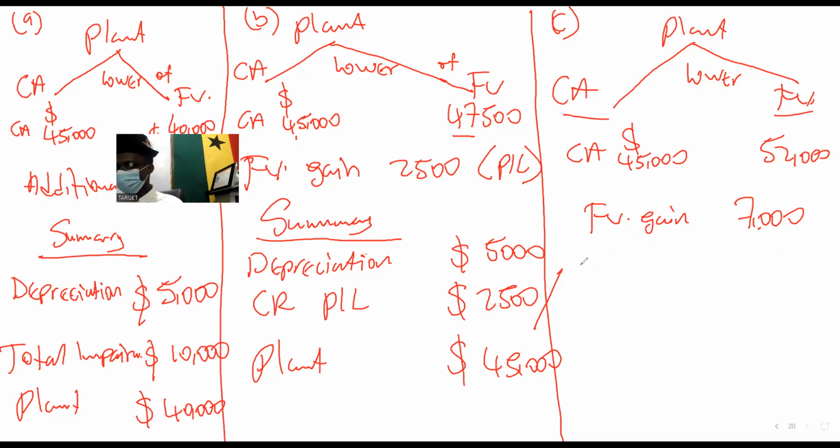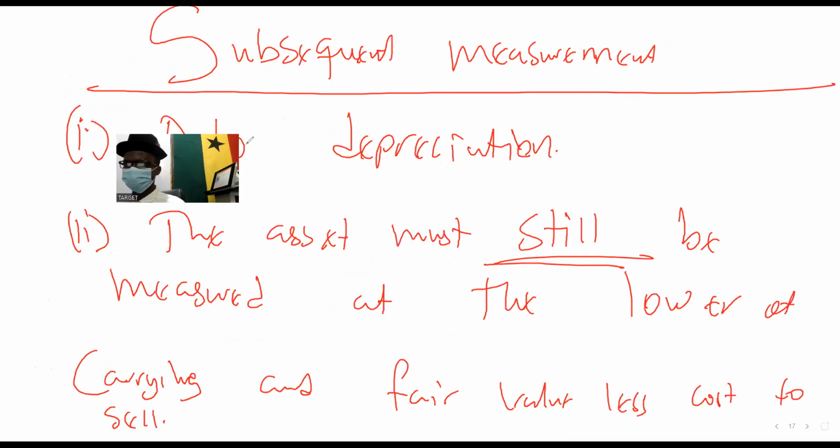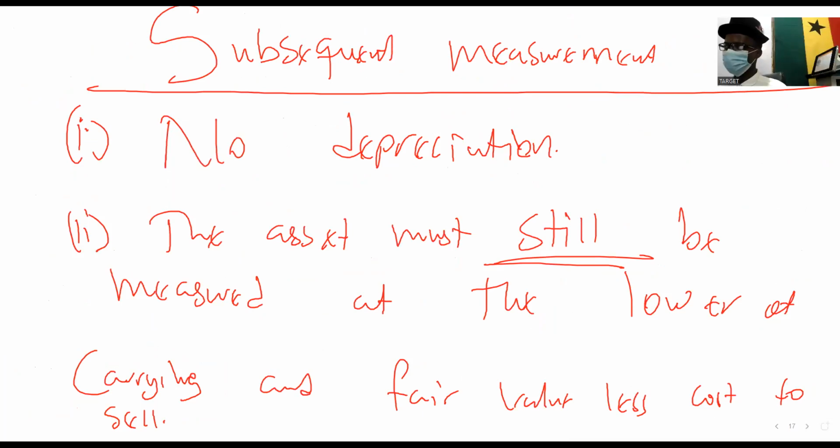So here, the gain is restricted. Examiner, it is restricted to 5,000. Take notice. And that is what we wrote here.